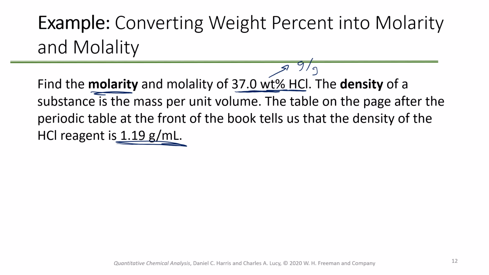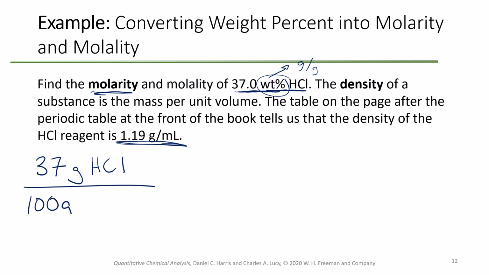First, let's figure out how we're going to get there. If they give us a weight percent, instead of leaving it in that percentage, I am going to convert it into its definition. So remember on the previous slide, you can either do 37 per 100, because when you divide them into each other, it needs to equal 37%, or 0.37 per 1. So it's solute per solution.